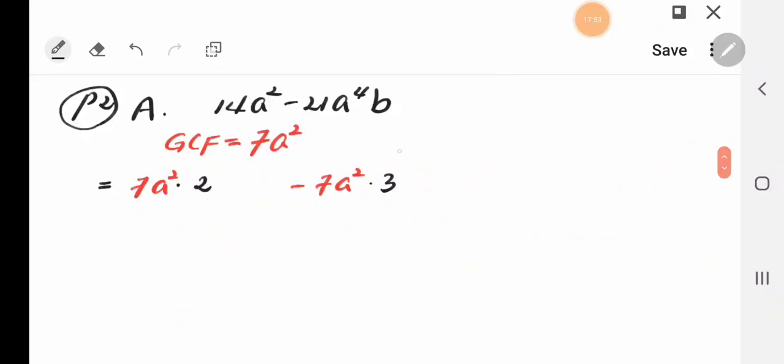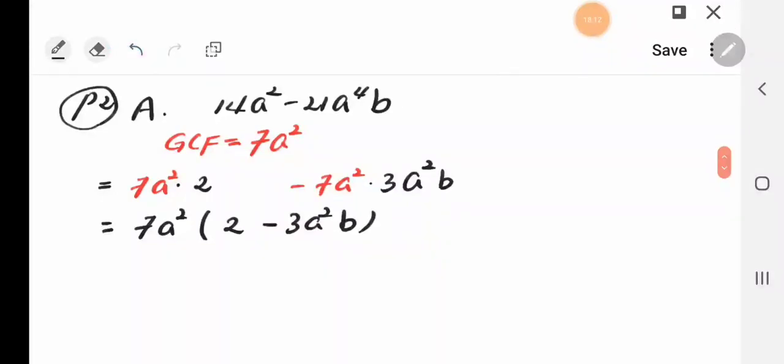So 2 a's went out, so a squared is left over, and then b is the leftover. So from this, you can factor out the greatest common factor, which is 7a squared, and put parentheses, write the leftovers. So it's 2 minus 3a squared b.